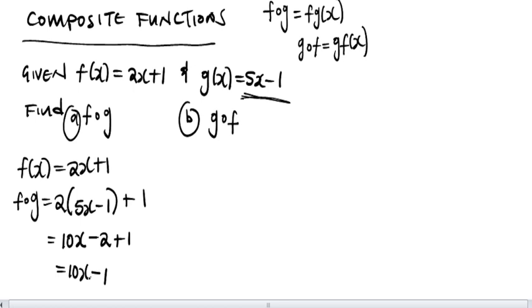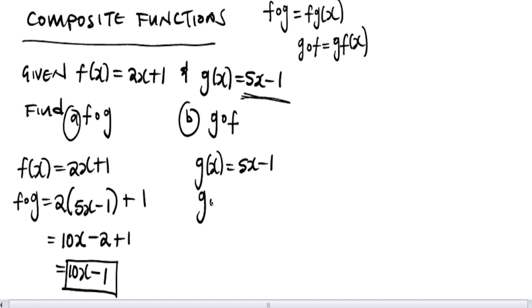Then in order for us to find g of f, we first write the first function, g of x, to be 5x minus 1. Then we replace where there is x with f, where I know that f is 2x plus 1.